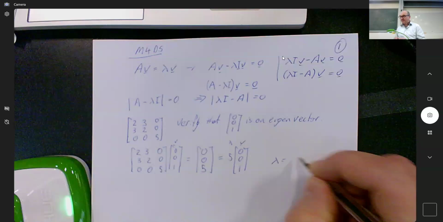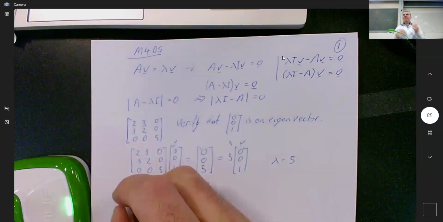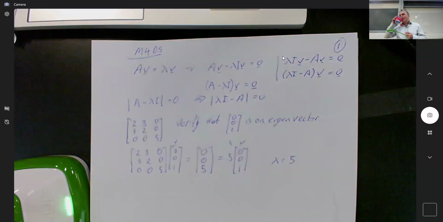Now, the next thing is find the other two eigenvalues. It's a 3 by 3 matrix, so there must be 3. What is the trick I'm going to use to find my other two eigenvalues? Trace and determinant.